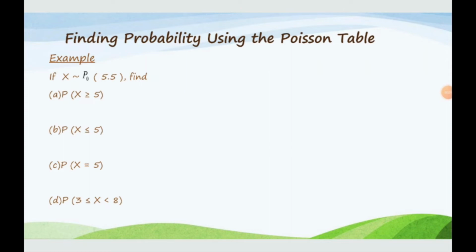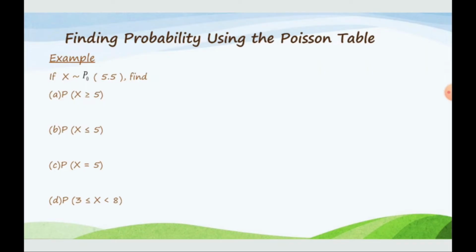Find the probability by using the Poisson table. As you have learned before how to use the binomial table, it is the same as the binomial table and you can apply it to the Poisson table.